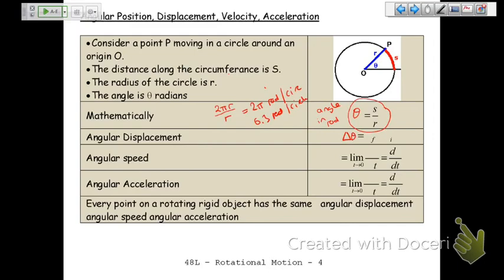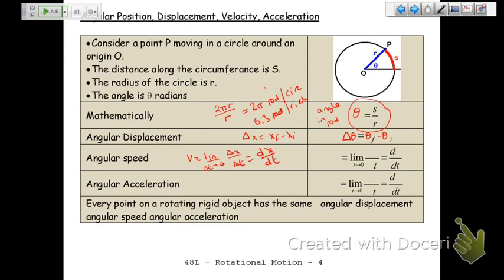Angular displacement, delta theta equals theta final minus theta initial. We've been there before. We said delta x is equal to x final minus x initial. Angular speed, well, we said v equals the limit as delta t goes to 0 of delta x over delta t, which became dx by dt.